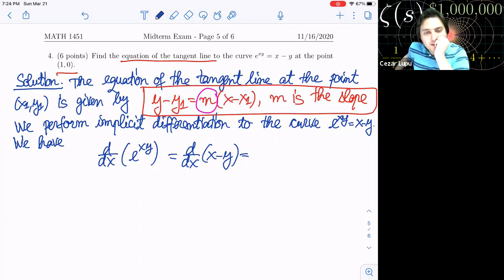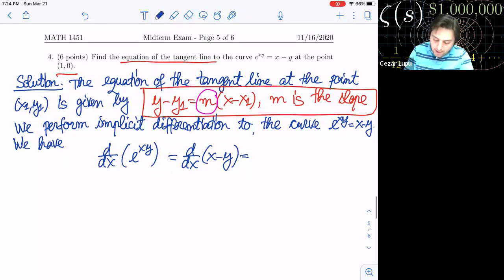I'm talking only to Eric and a couple of you. So let's see. It's y dy dx. Not quite, Eric. Be careful here. By applying the sum rule, we'll have d over dx of x minus dy over dx.